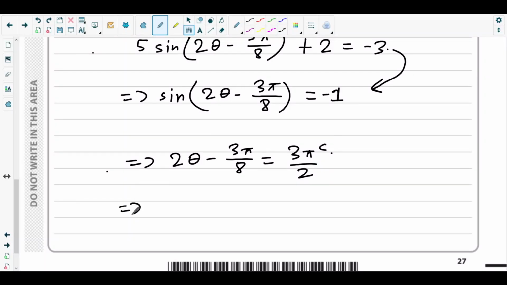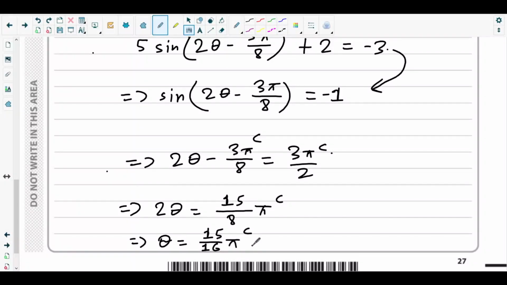So let's figure out the value for theta. 2θ equals 3π/2 plus 3π/8, and 3/2 plus 3/8 would be 15/8. So 15/8 π radians. So the value of theta would be 15/16 π radians.